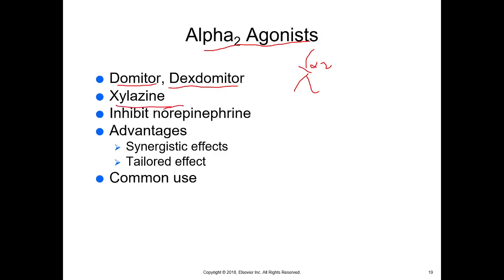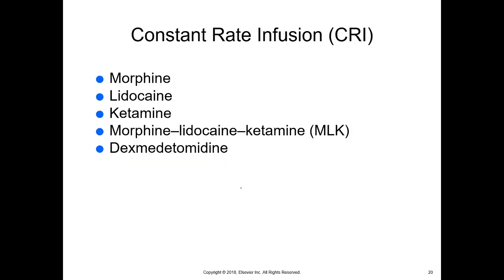These inhibit norepinephrine, which is a stress hormone that causes you to go into the fight or flight response. These guys are going to come in here and kick out that norepinephrine, and then cause relaxation, a little sedation, and some analgesia. Okay, so we do commonly use these.